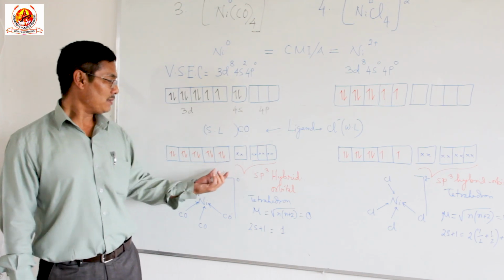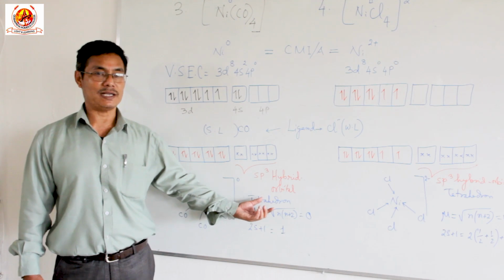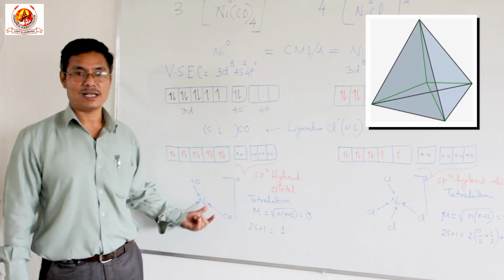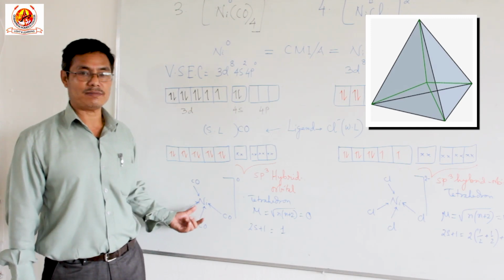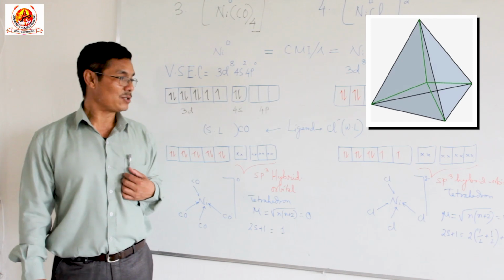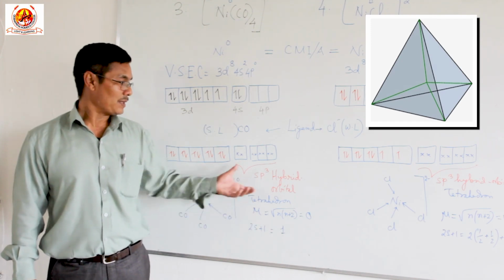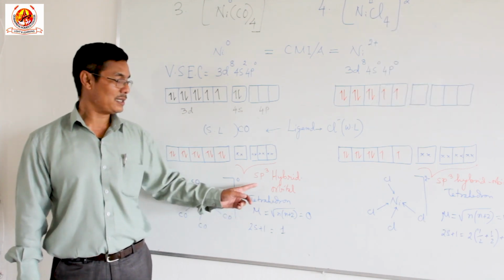So after the hybridization, we have tetrahedral geometry. Here also it is tetrahedral geometry. Now we try to know the properties from the valence bond theory by applying this. This is the geometry.